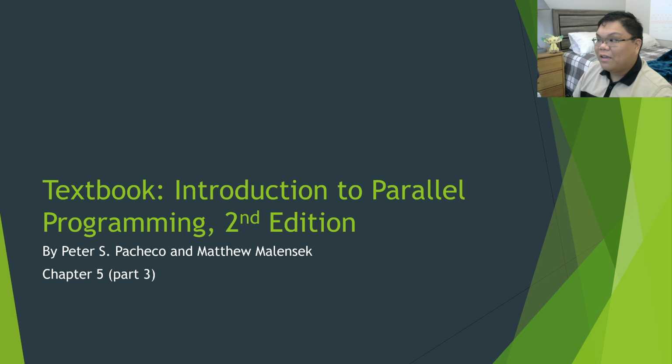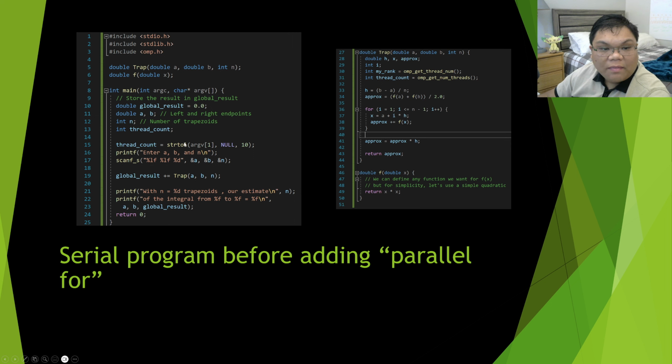So, we start with this program here. It does take in a thread count as a command line argument, but we're not really doing anything with it. If anything, that's the only thing we have to do to the program to make it parallelized.